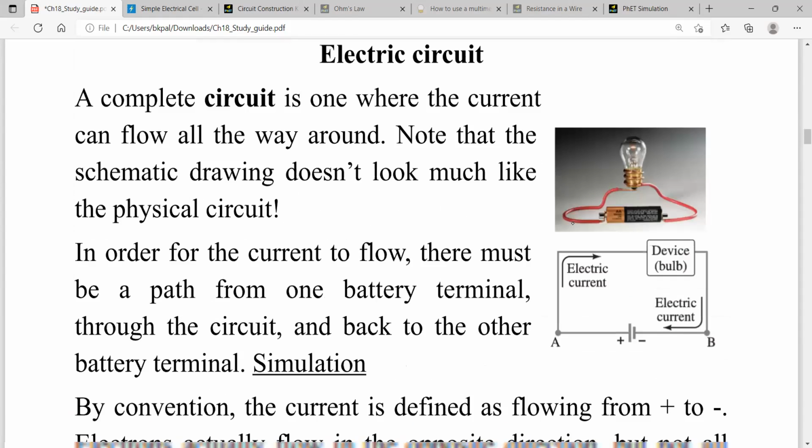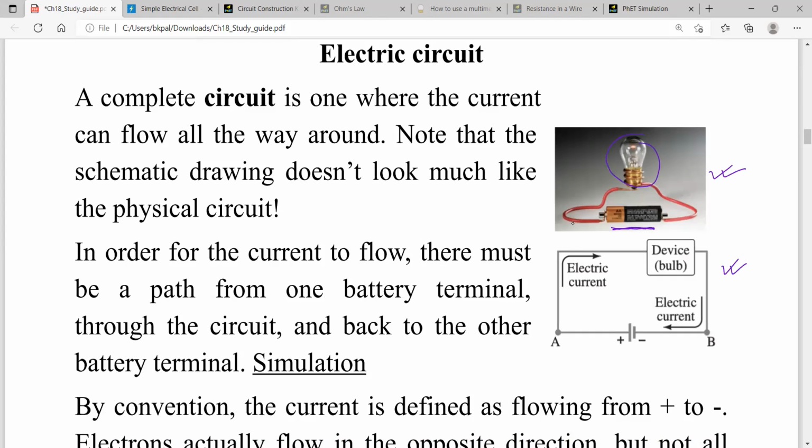All right, so electric circuit. Now I'm going to talk about the electric circuit. A very simple electric circuit is this one, and the schematic diagram of this circuit is this. Here you see that we have a battery. A very important component of an electric circuit is a battery, or the energy source. So this is the energy source and a device.